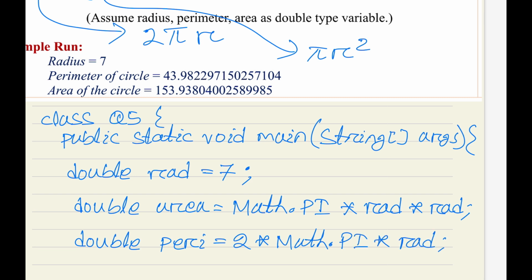In place of r I have written rad, because the value of radius is stored in the variable rad. Whenever there is a requirement for radius I have simply written rad.